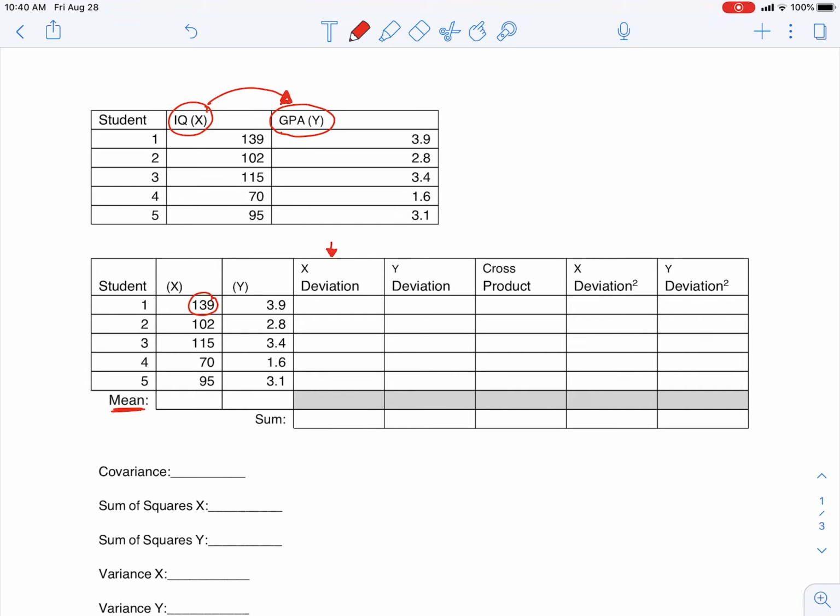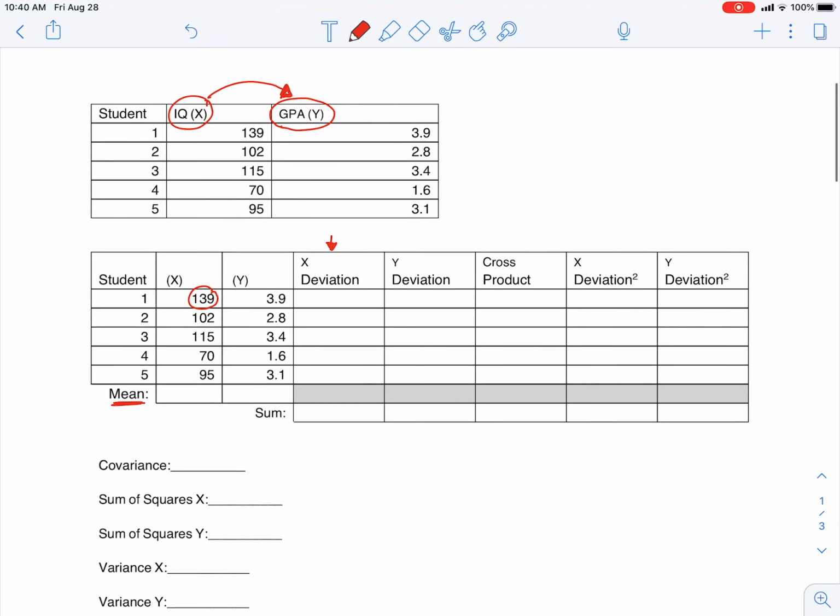So how do we do this? Remember, we add up each one of these. So we go 139 plus 102 gives us 241, plus 115 gives us 356, plus 70 gives us 426, plus 95 gives us 521. Hopefully I got that right. This is all in my head. If I didn't get that right, we then need to, so it's 521 divided by 5 to give us the mean.